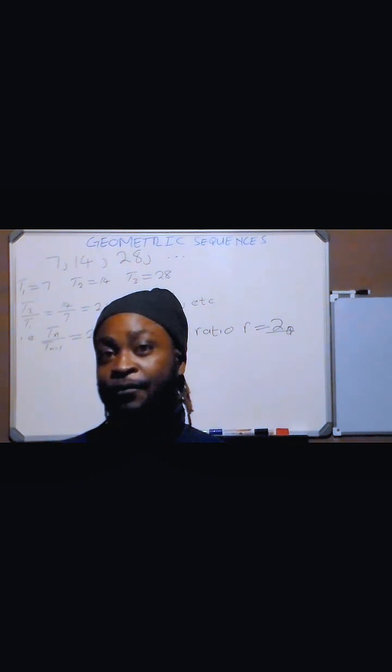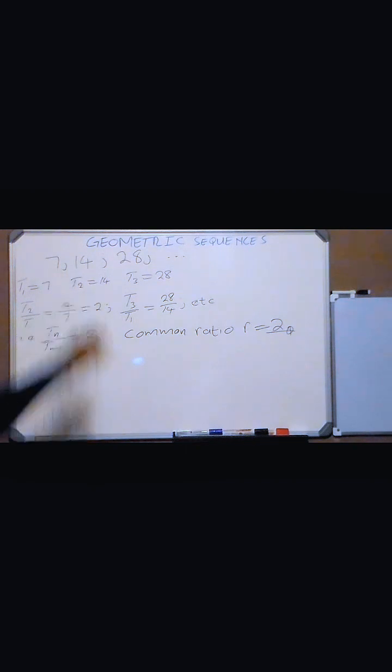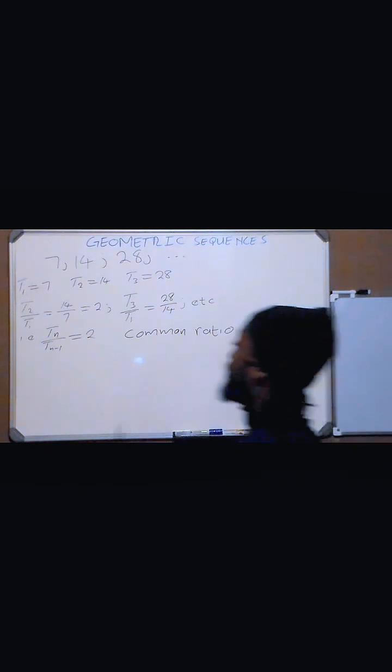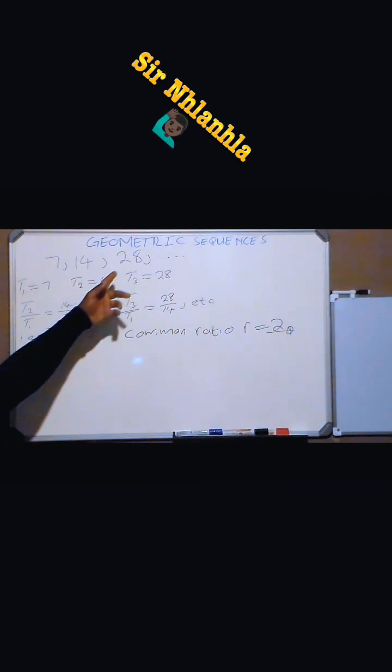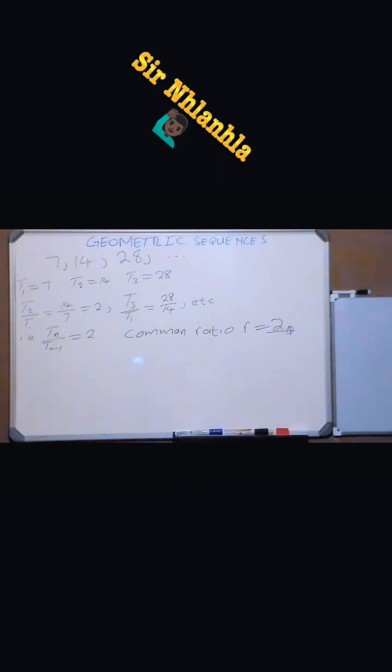The common ratio. So now let's focus on the sequence I've written here on the board: 7, 14, 28. You will notice that if we divide any term in the sequence by its previous term, we always get a value of 2, right? 7 is T1, 14 is T2, and 28 is T3.